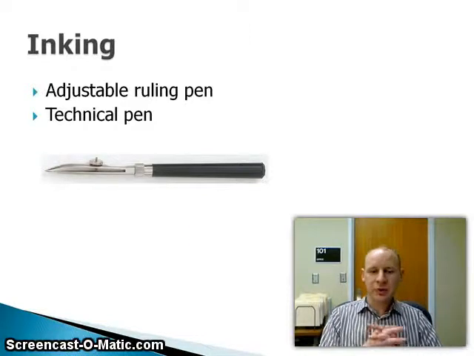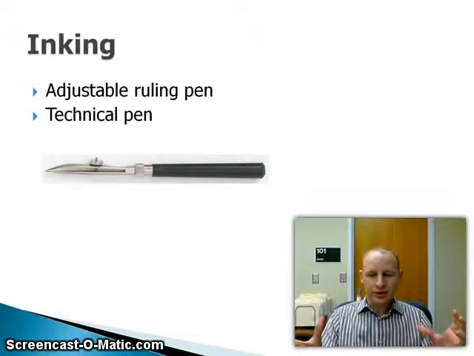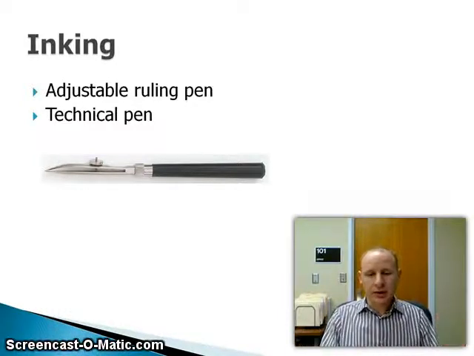Inking was a traditional form of getting formal documents created. Prior to having printers or plotters like we do today, if we were going to make a set of architectural plans, or a set of construction documents for a large facility, there are a variety of different contractors that would need access to those, and so we were going to need to make multiple prints.